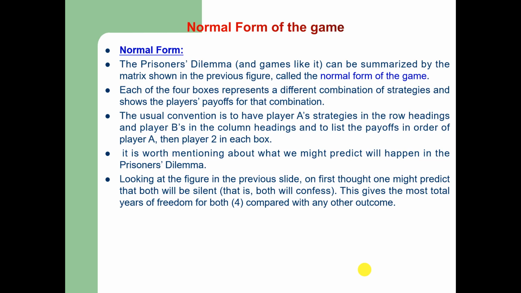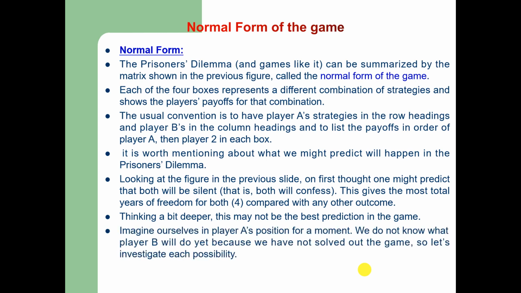This gives the most total years of freedom for both, that is 4. That is 2 years of freedom for player A and 2 years of freedom for player B, and jointly they get the most total years of freedom compared with any other outcome. But if you think deeper, this may not be the best prediction in the game.